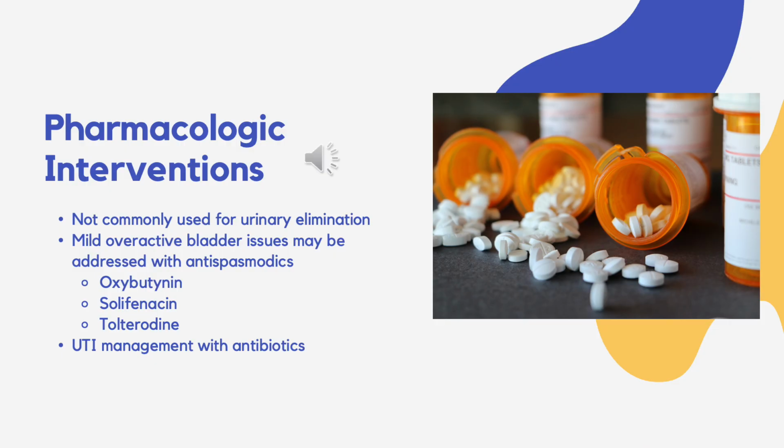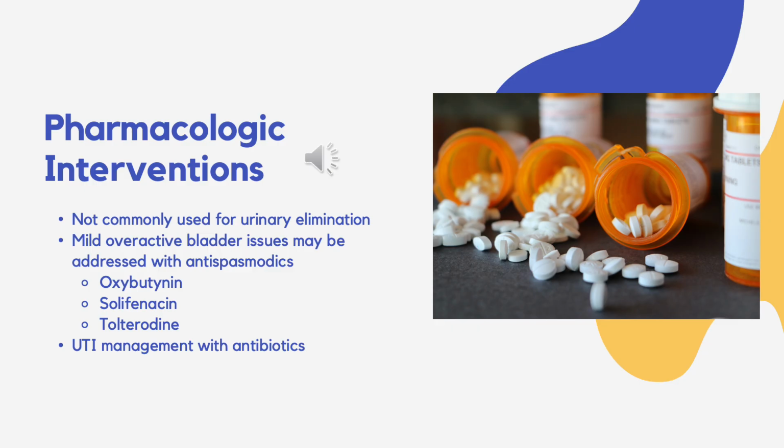All right, moving on to our pharmacological interventions, which are not commonly used for primary treatment of urinary elimination problems in neurogenic bladder. However, in certain cases, they can play a supportive role in helping to manage symptoms. So for patients who have a mild overactive bladder, antispasmodics may be prescribed to help reduce incontinence and improve bladder control.